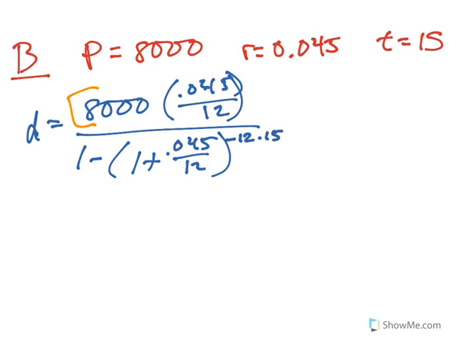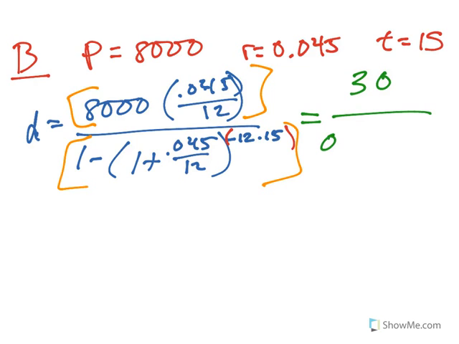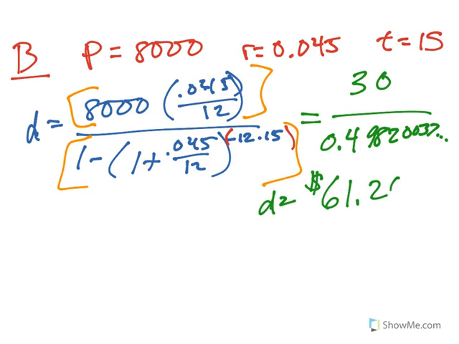Again, put parentheses around everything, and extra parentheses around your exponent. In the numerator, you get 360, and in the denominator, 0.49820037, on and on. When I divide, I will get a monthly payment of $61.20 for option B.